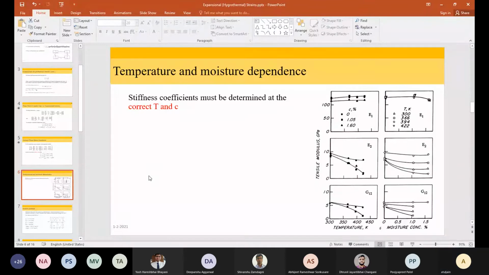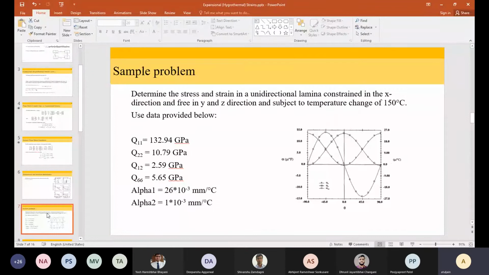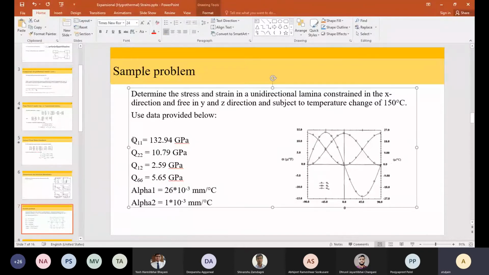Yes, sir. And these are the type of problems you can expect. So usually you are given some values of Q11, Q22, Q12, Q66.